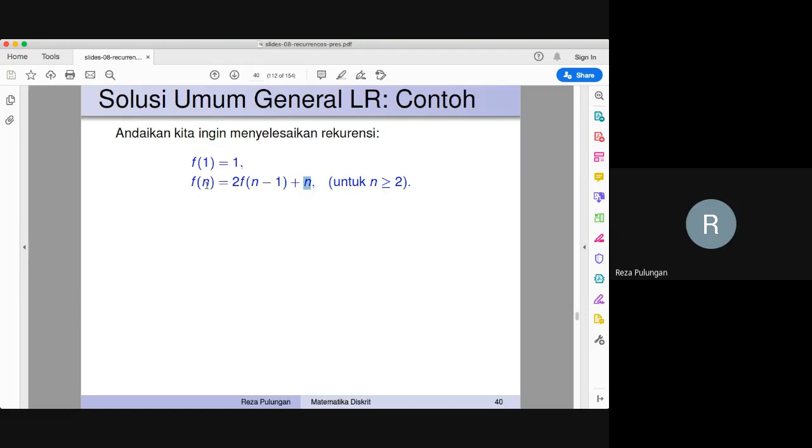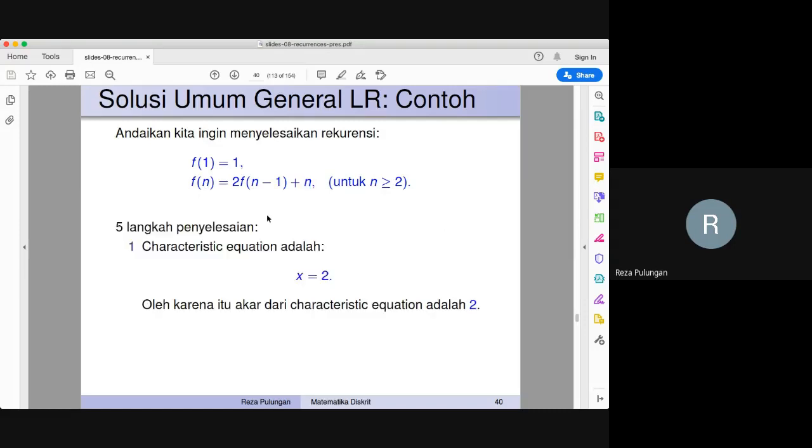Okay? So how do we solve this? To solve this, first pretend that this is a homogeneous linear recurrence. So this n here, you just pretend that this is not there. So what is the characteristic equation of this one? Well, guess Fn is equal to x to the power of n.